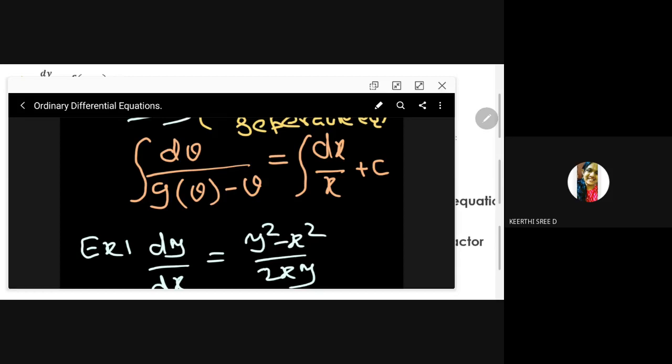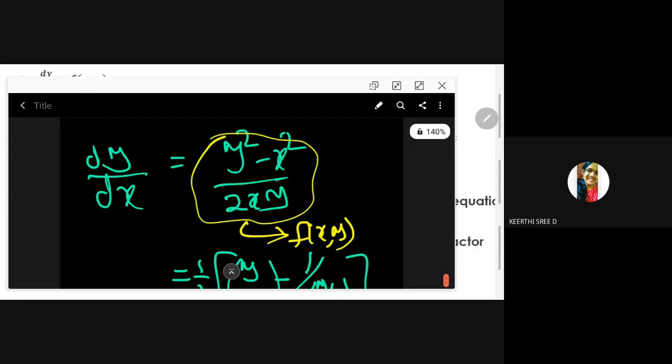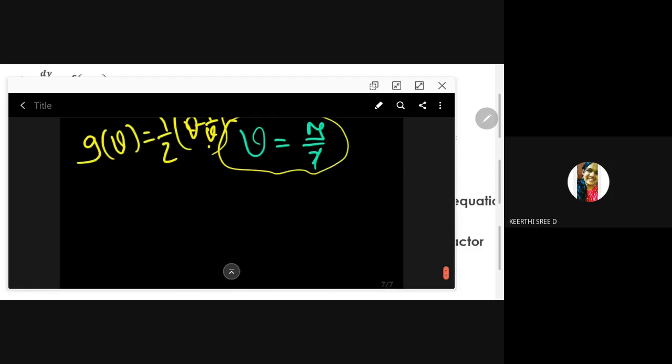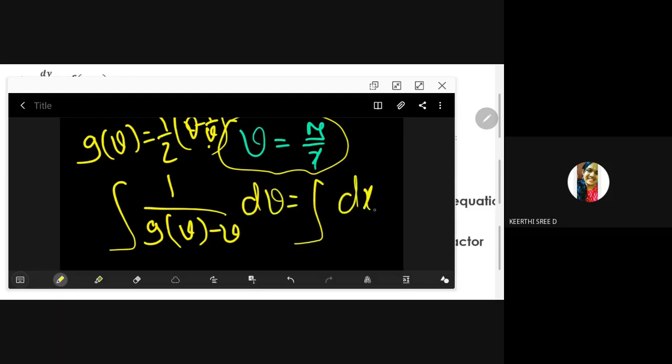So the integral of 1 by z of v minus v dv is equal to the integral of dx by x. That's what he wrote there. I think that is right.